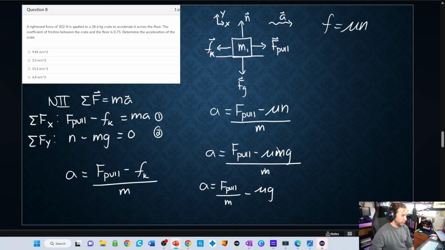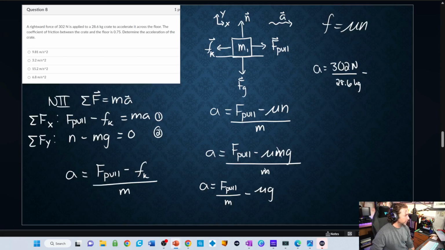Cool, so we get, let's see, acceleration is equal to a rightward force, so 300 and 2 newtons divided by the mass, 28.6 kilograms. Oh, look, we're left with a meter per second. Awesome.